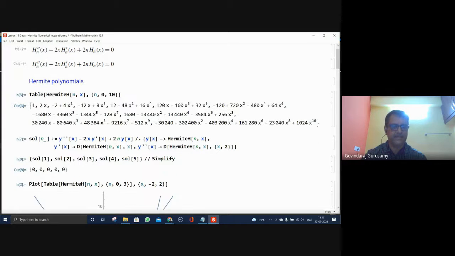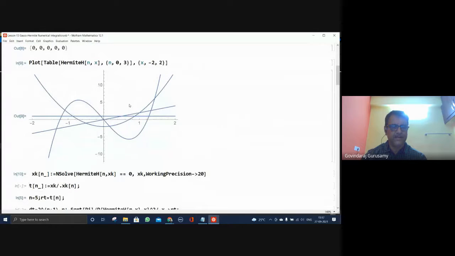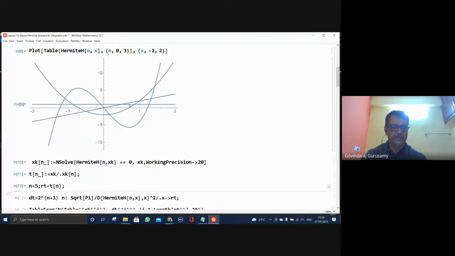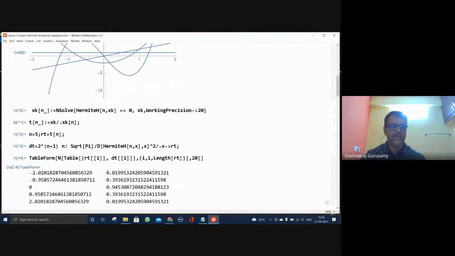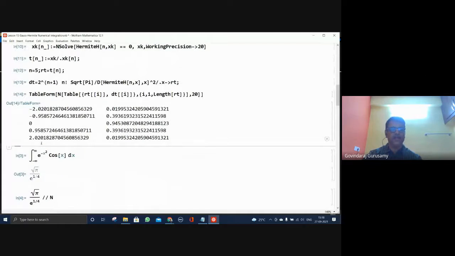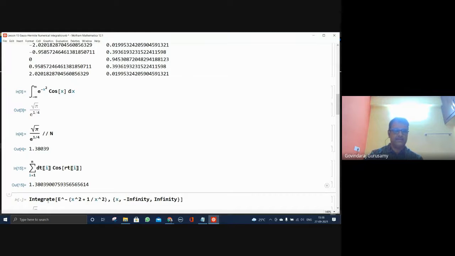Solution satisfies. Plotted them. Function is defined, and the root we are going to find. Weight function has been found. Tabulated for how many? N equal to 5. Okay. Then if I sum it over here, you have almost reached an accuracy of 5 decimals.